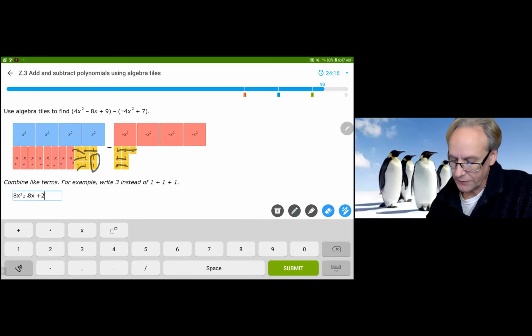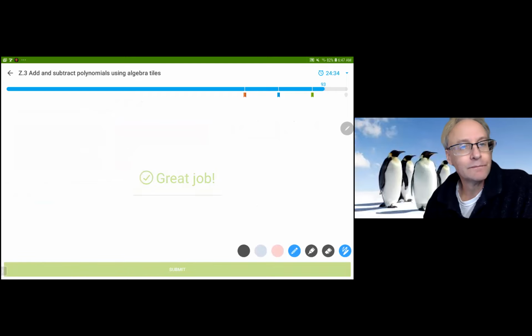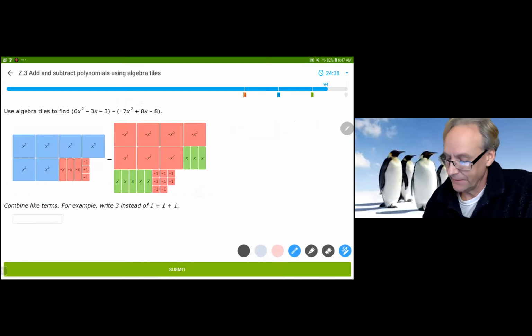And I am going to check my work at the top. I'm going to distribute my negative and add the 4x squareds, which gives us 8x squared. I have my minus 8x, which doesn't change, and I have 9 minus 7 is plus 2. Yep. Don't want to make a silly error at the end here. We're subtracting 7 of them.